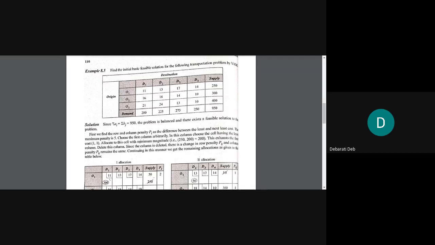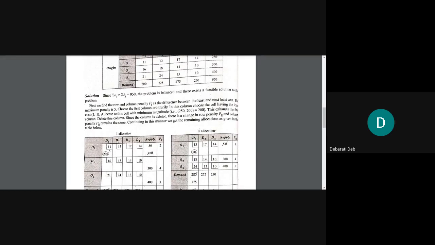So you will first, in solution, write this line. In the solution part, in the first line, you write like this. Since summation ai, all of you write down in your copy. Since summation ai equals to summation bj equals to 950, comma, the problem is balanced.